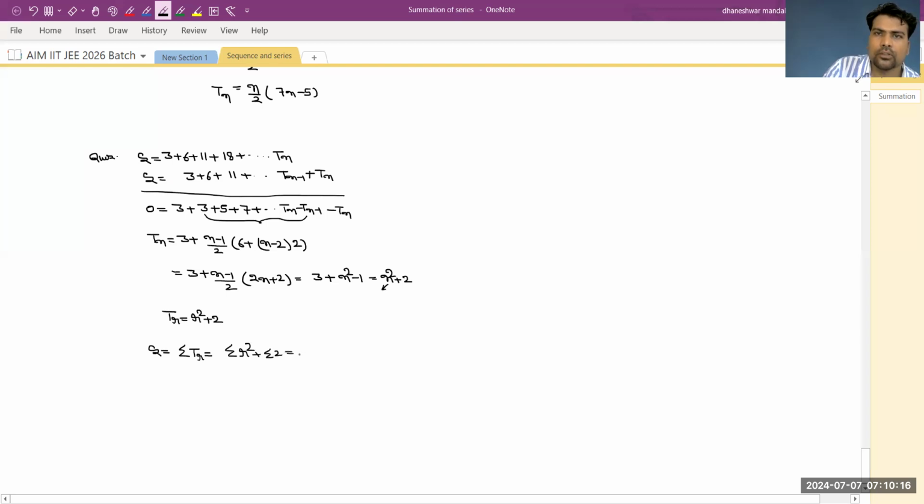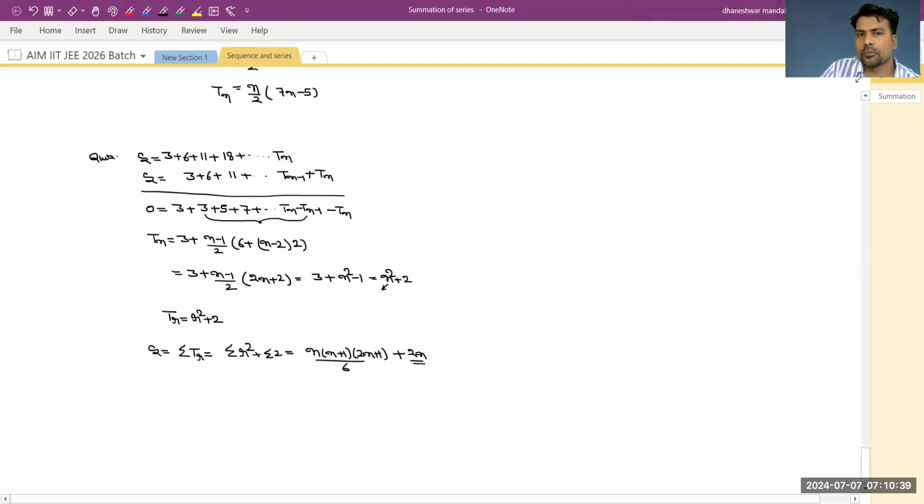So what is the summation of r square? n plus 1 and 2n plus 1 divided by 6 is here. And if I take the summation of 2, n times, then this will become 2 times n. Okay, now it's clear to everyone.